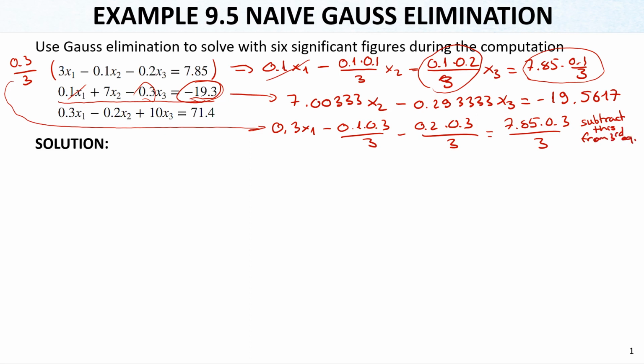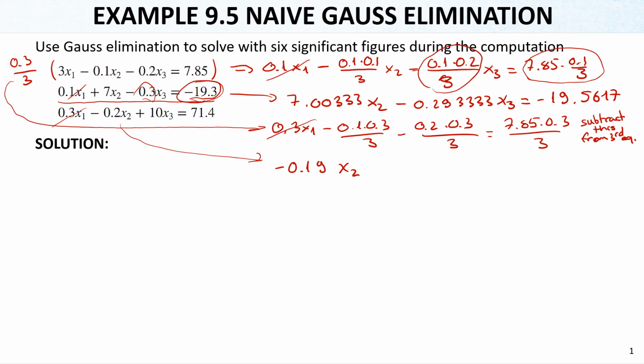If we subtract this from the third equation, you can see that we will have an elimination of the first terms. Then, starting from the second term, we will have minus 0.2 minus 0.1 times 0.3 divided by 3. Simply this will give us minus 0.19 x2.